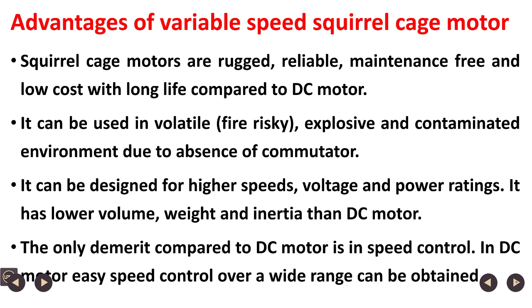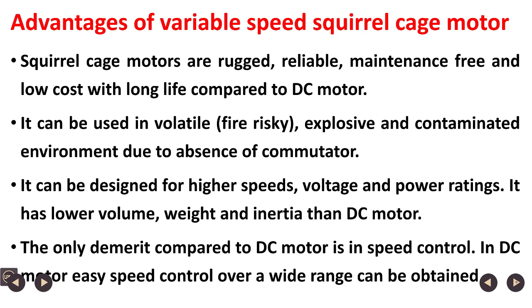Harsh environments are no problem. It can be designed for higher speeds, voltage and power ratings. Obviously, squirrel cage induction motors are rugged and reliable, and they can be constructed with high speeds, high voltage and high power ratings. It has lower volume, lower weight and lower inertia compared to DC motor. The only demerit of squirrel cage induction motor compared to DC motor is in speed control.